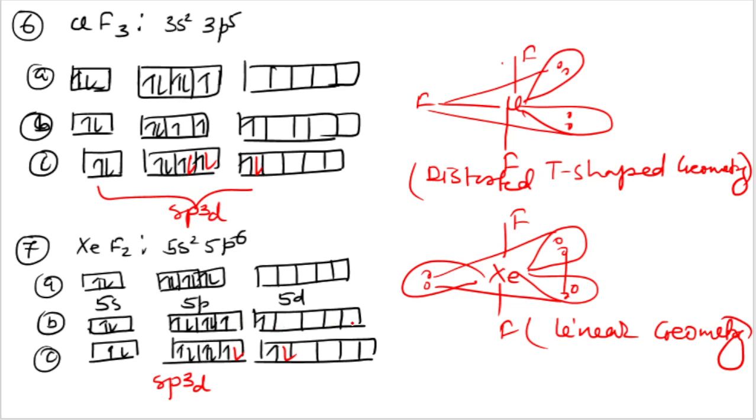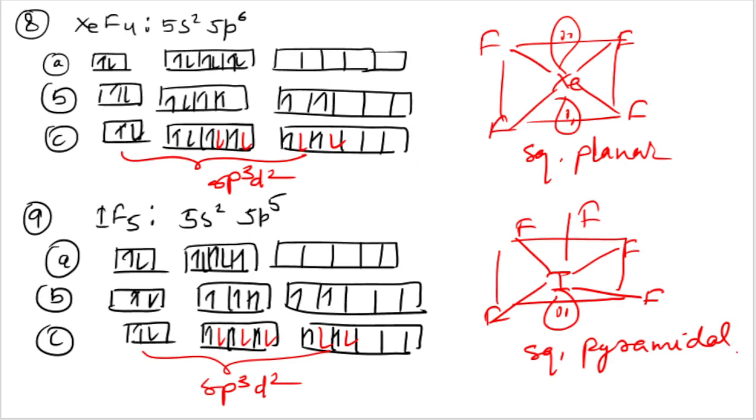So in the excited state they form two unpaired electrons, and these two each share one with fluorine, and the geometry, with these lone pairs of electrons, as you can see here in this geometry. So the geometry is linear for this case. Okay.